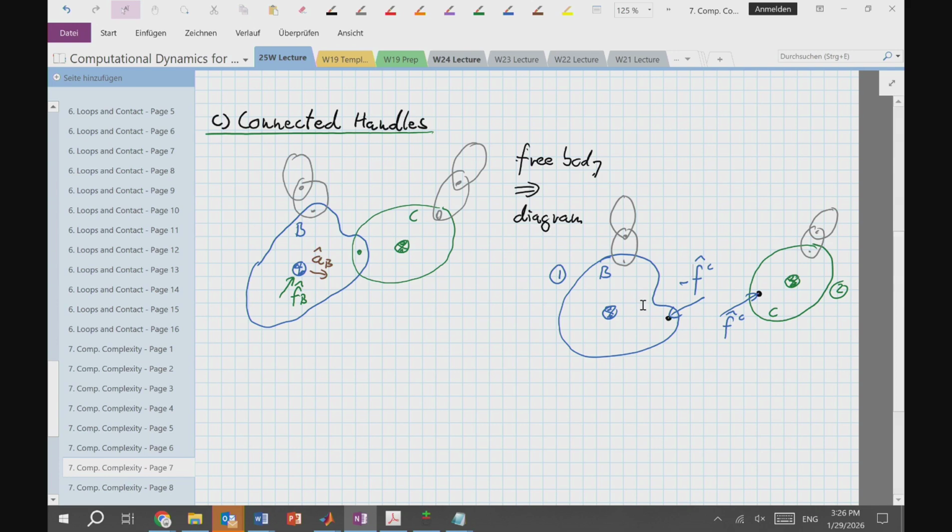If we connect two bodies, we actually want to go the opposite direction.